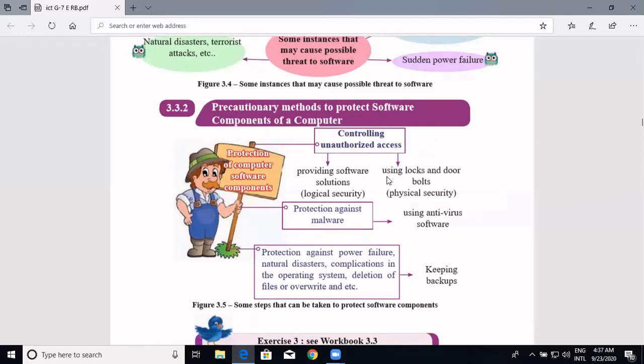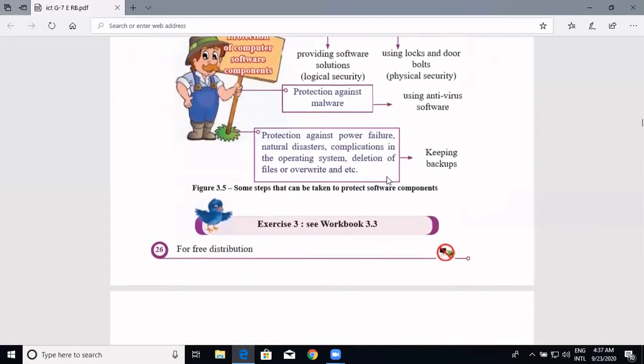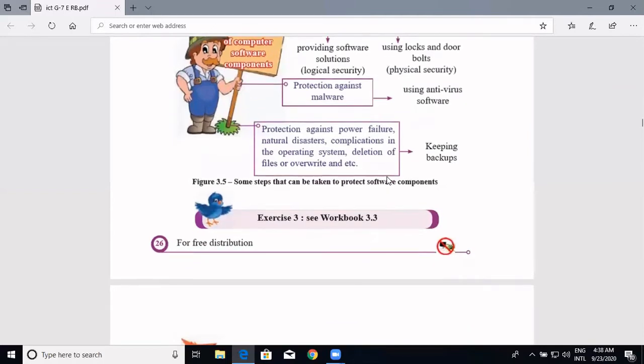And then for protection from malware, you should have antivirus software. We'll talk about malware also in this chapter. And for power failures and natural disasters, sometimes the operating system is not working at all, so you have to format the machine, right? And sometimes you delete or overwrite things unintentionally. So for these things, we should keep backups. All these solutions we'll talk about in detail later, right?